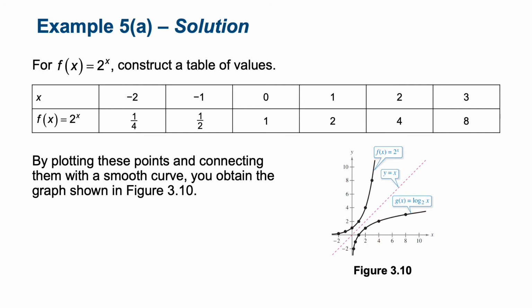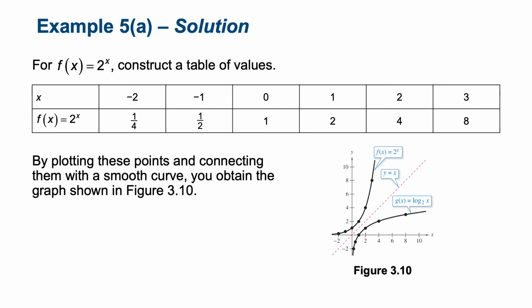You can first do y equals 2 to the x, and then find those values. Then you can see that for the logarithm, the inputs become the outputs and so on. So log base 2 of 1/4 will be -2. Log base 2 of 1/2 will be -1, and so on, because they're inverses.